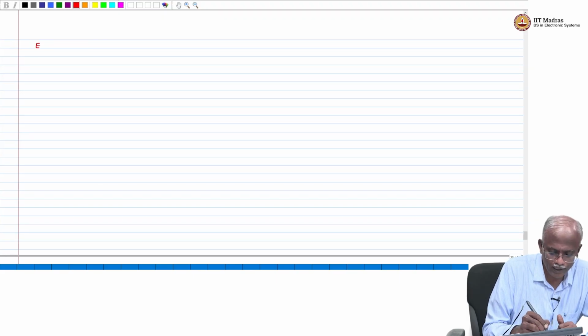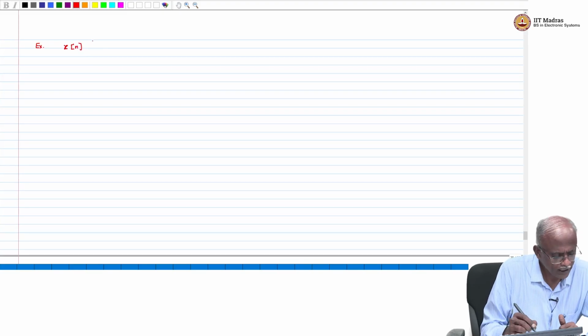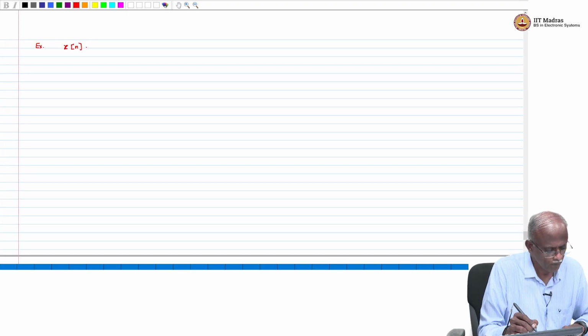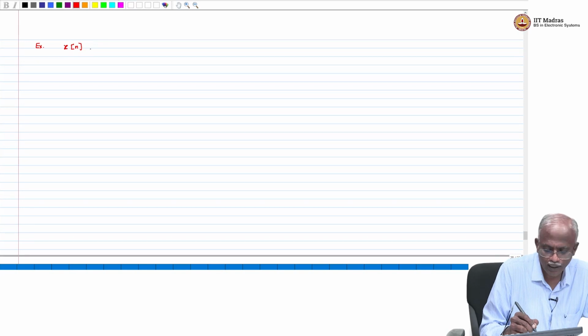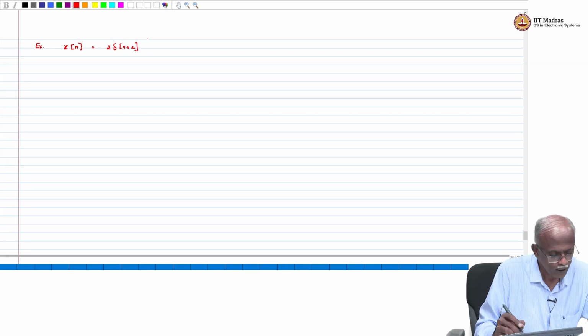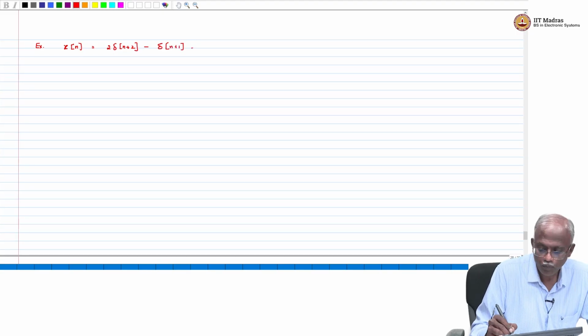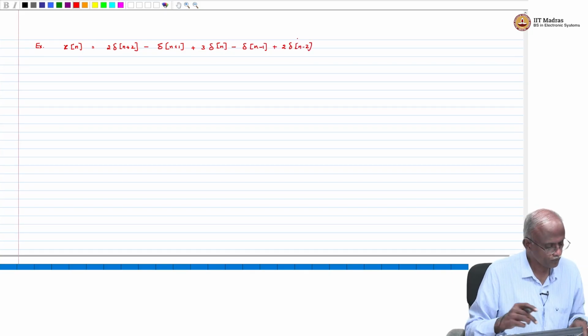We are given a sequence x of n, which has the following values: 2 times delta of n plus 2, minus delta of n plus 1, plus 3 times delta of n, minus delta of n minus 1, plus 2 times delta of n minus 2.